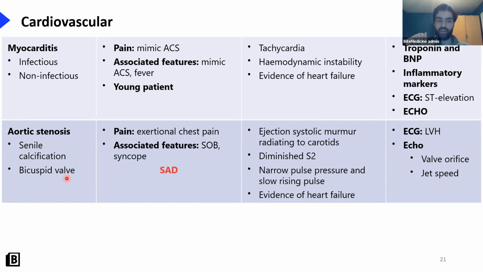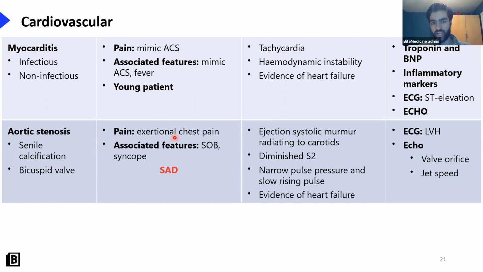In a congenital disorder, the aortic valve can consist of 2 cusps, and that's known as a bicuspid aortic valve. And these patients are prone to aortic stenosis. The point is, if you have a young patient who develops aortic stenosis, the cause will be bicuspid aortic valve. If you have an old patient who develops aortic stenosis, the cause is calcification.